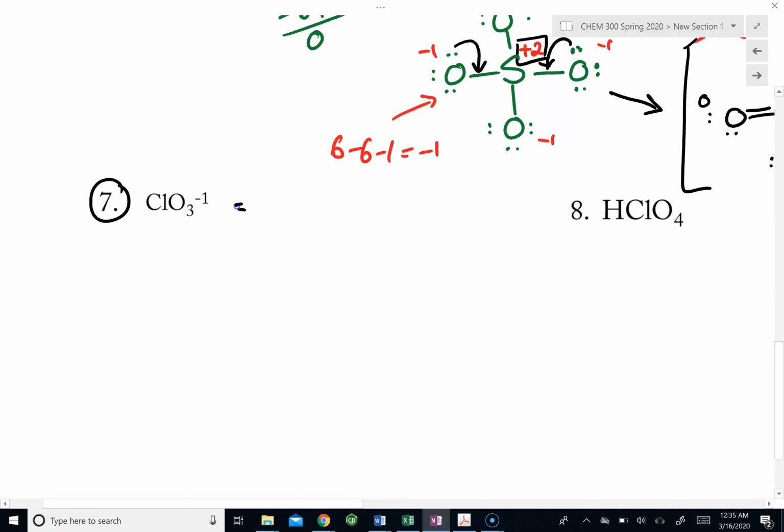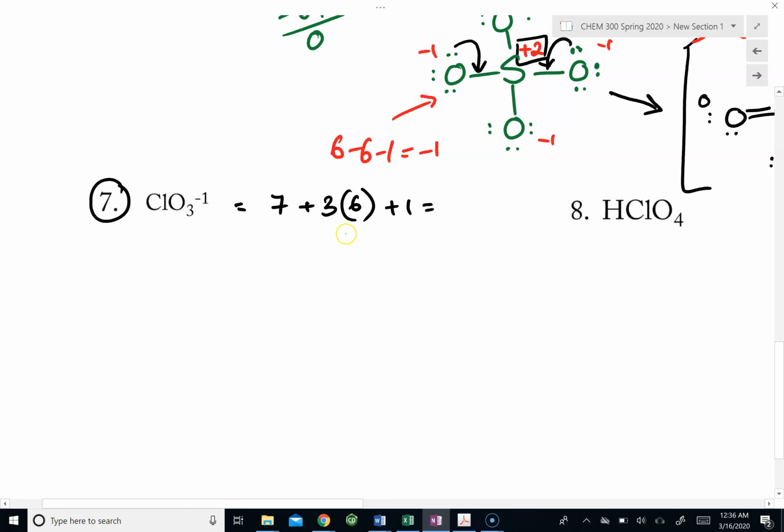So in this case, what should be the first step? The answer should be calculate the total number of valence electrons. In this case, we have chlorine, and chlorine has 7 valence electrons. And we have 3 oxygen. Each oxygen has 6 valence electrons. And we also need to add one more because the overall charge is -1.